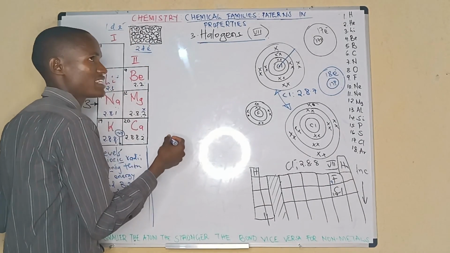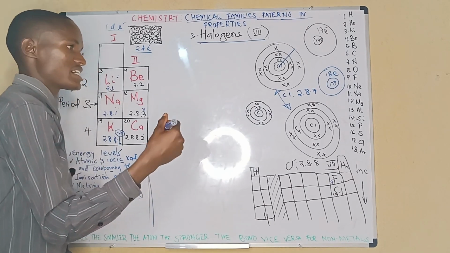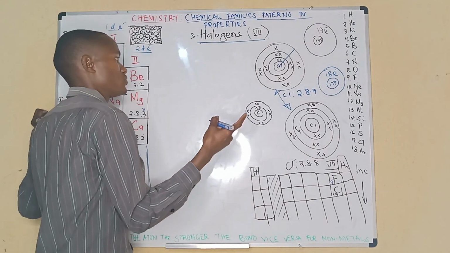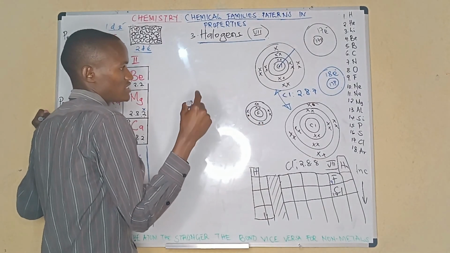So you have been told to compare the atomic size of chlorine to the ionic size of its ion.